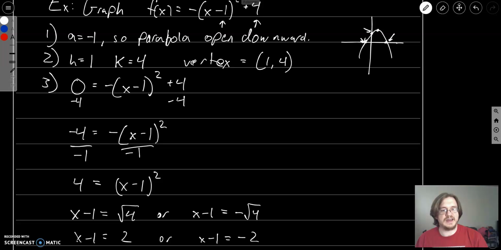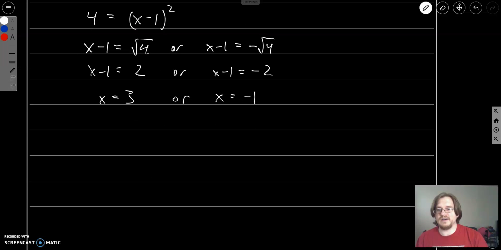So this point right here should have the x value of 3. This point right there should have the x value negative 1. And then let's find the y value, so the y-intercept. So if I plug in 0 for x, I'm going to get negative (0 minus 1) squared plus 4.